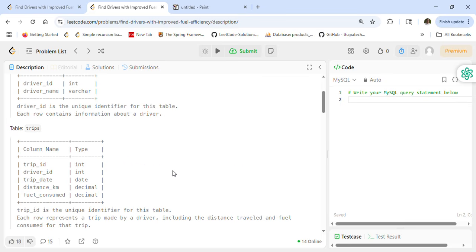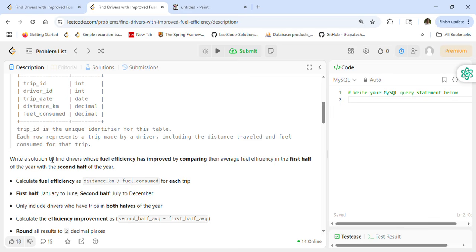Now this is the question actually. Write a solution to find drivers whose fuel efficiency has improved by comparing their average fuel efficiency in the first half of the year with the second half of the year. Calculate fuel efficiency as distance divided by fuel consumed for each trip.